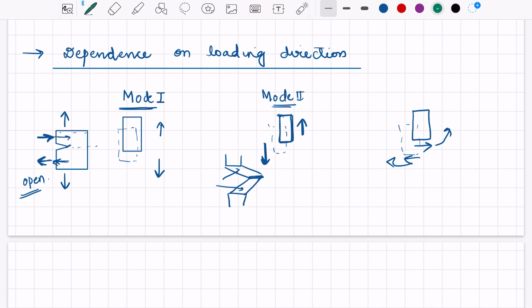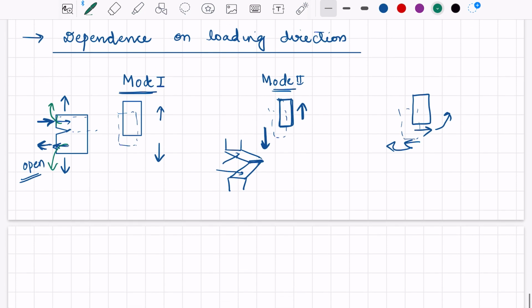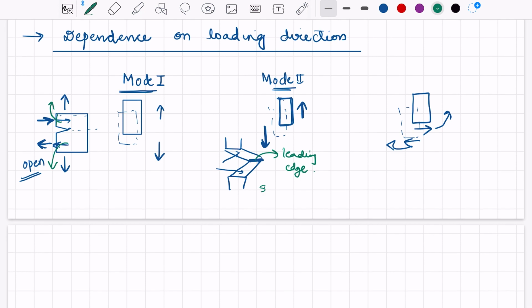And in mode 3 loading, what happens? You start rotating this. If this is the first part, you apply a load in this direction and this you take out. So in mode 2 loading condition, if this is the leading edge, the shear stress that is applied is normal to the leading edge.